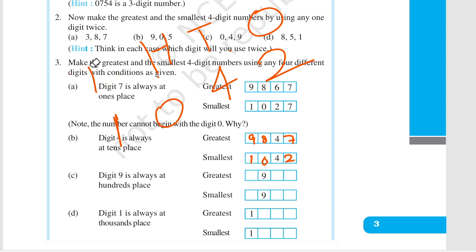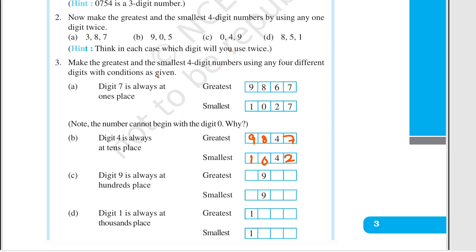I hope you guys are understanding. We are repeating the same formula, doing it in the same manner, because I have already told you that you have to check from which digit the greatest number will start, and from which digit the smallest number will start. The smallest number will always start from 1, if there is no condition given that we have to start the number with 2 or 3.